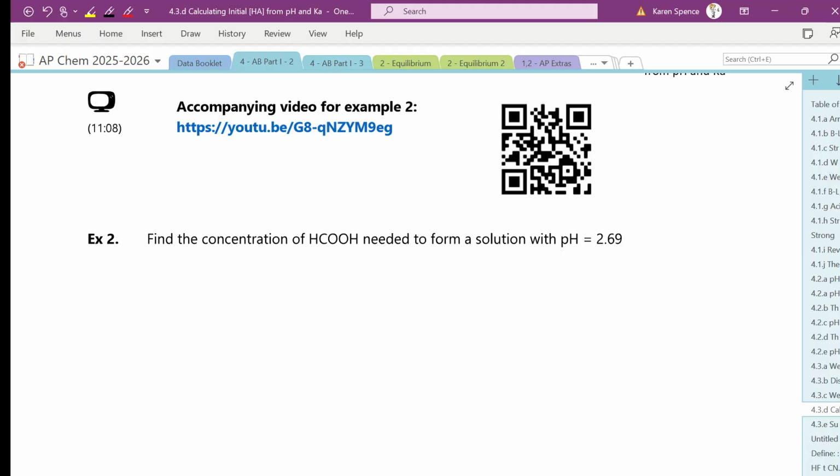This is too small. Yes, we get some extra. It doesn't matter. What was for this one?